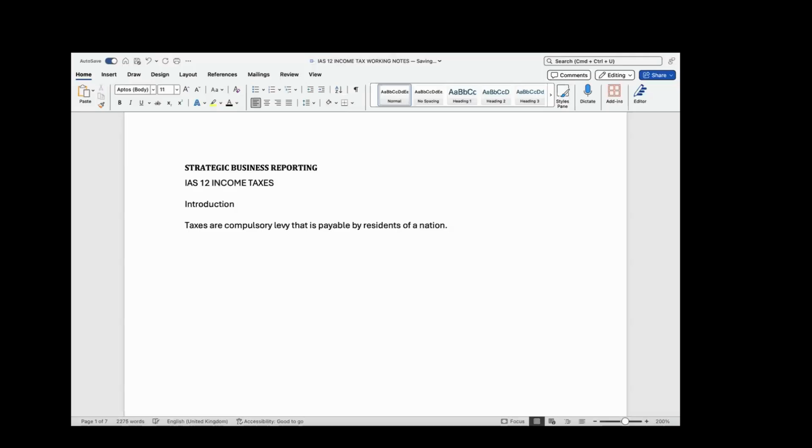Now, residents of a nation might be an individual or an enterprise or a company, but the reality is that taxes are even beyond just residents alone. Even non-residents pay taxes. So you actually pay taxes on any money you make in Nigeria.